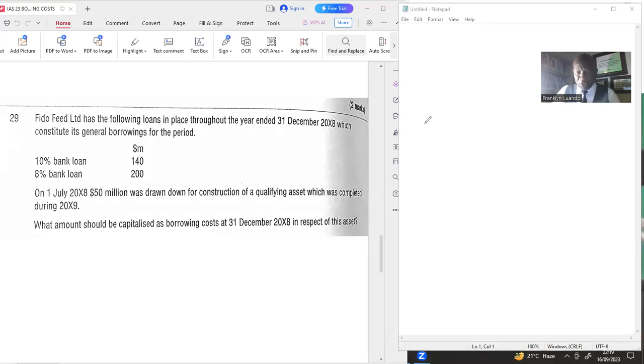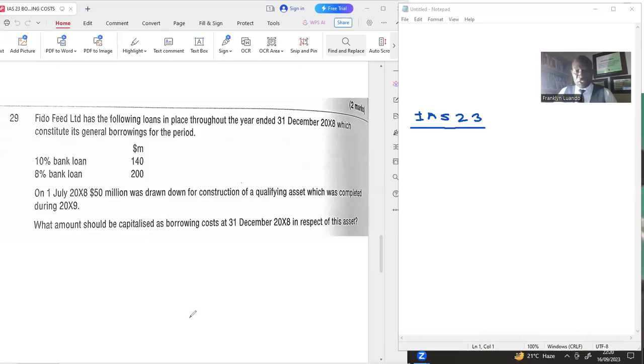IAS 23 is the standard applicable for both financial reporting students and strategic business reporting students under ACCA and under a Zika for CA 3.1.